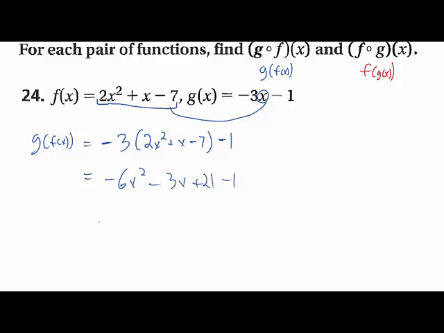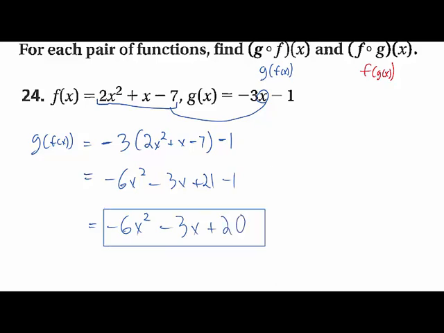And then you can combine like terms here. So you get -6x squared minus 3x plus 20. So your g of f of x, or writing it this way, g with the f of x inside of that, either way you write it, this is your expression.